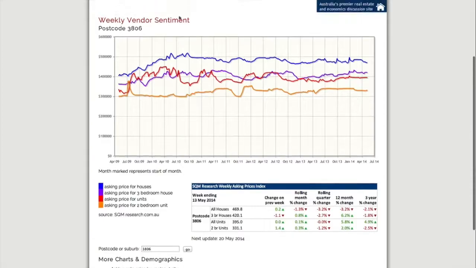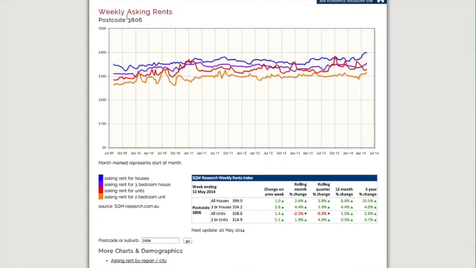mixed it up. Let's look at weekly asking rents, which is good again for Berwick. You can see for all bedrooms, it's actually up 6.6%, for 3-bedroom up 4.4%. That tells me that people are renting in that area.